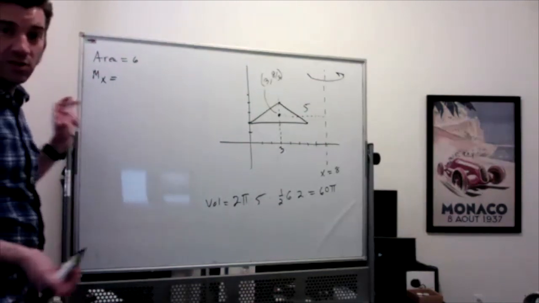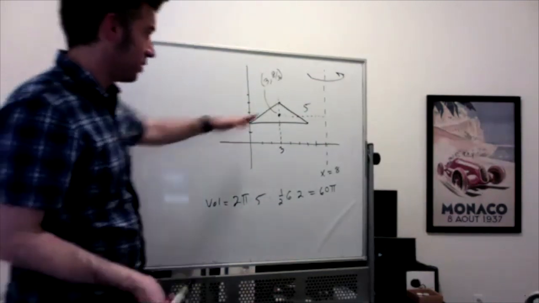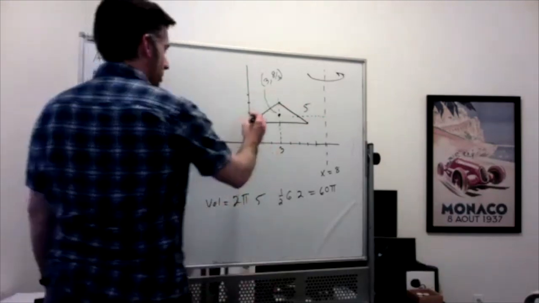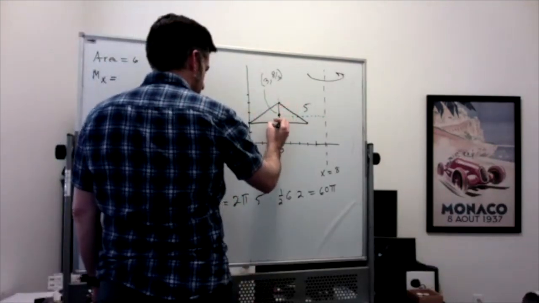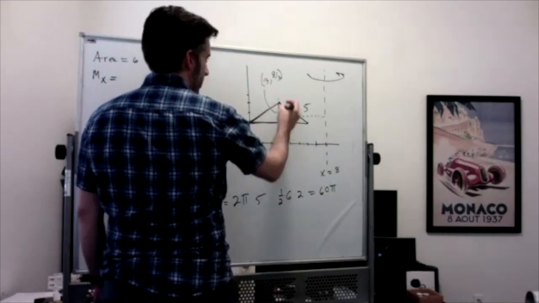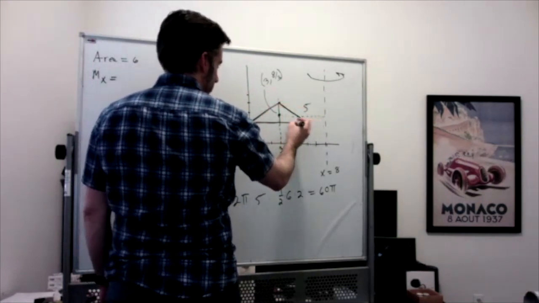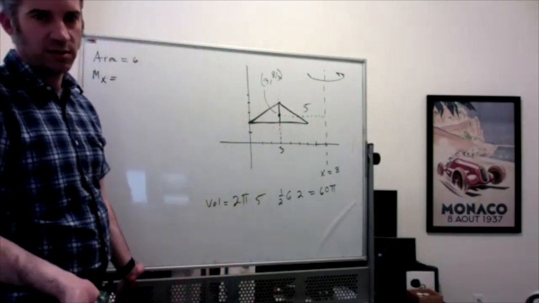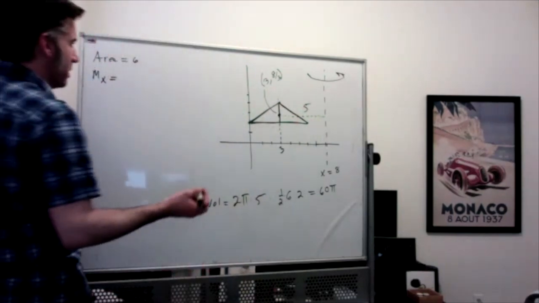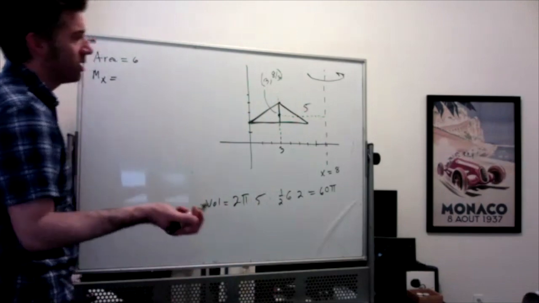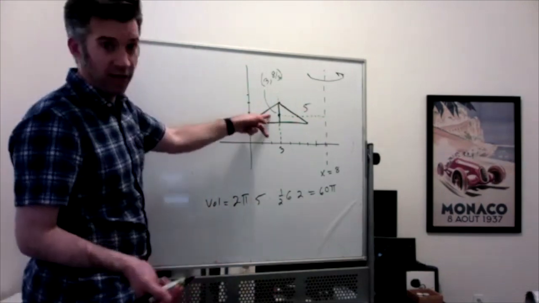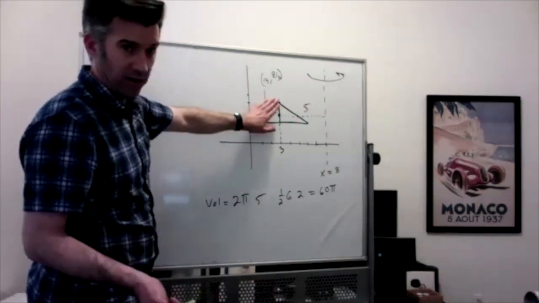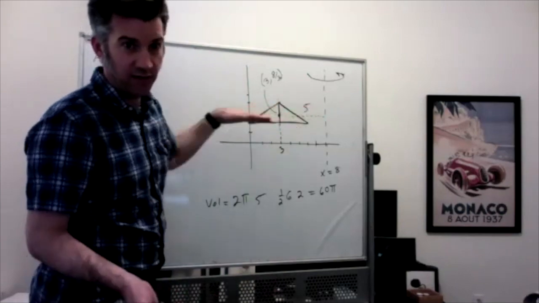So we're going to have to do it in two parts because there's two different functions here. So it's going to be the moment of this region plus the moment of this region, which probably should be symmetrical. So I suppose we really could do it as the moment of this region divided by 3, because this triangle has an area of 3, and this triangle should have the same height.